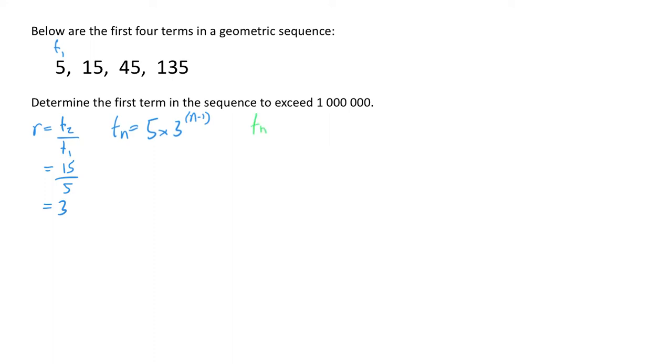So when Tn is equal to 1 million, what is our n value going to be? I can substitute that in: 1 million equals 5 times 3 to the power of n minus 1. I've only got one unknown, sitting up in the power, and it's the value of n.